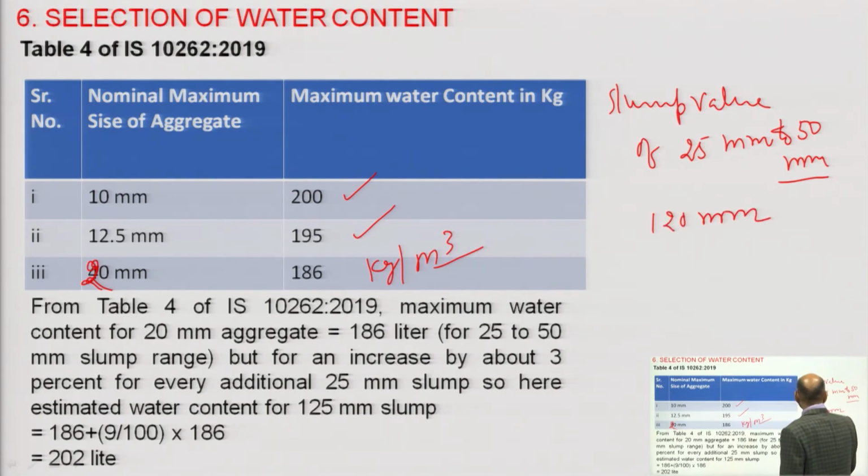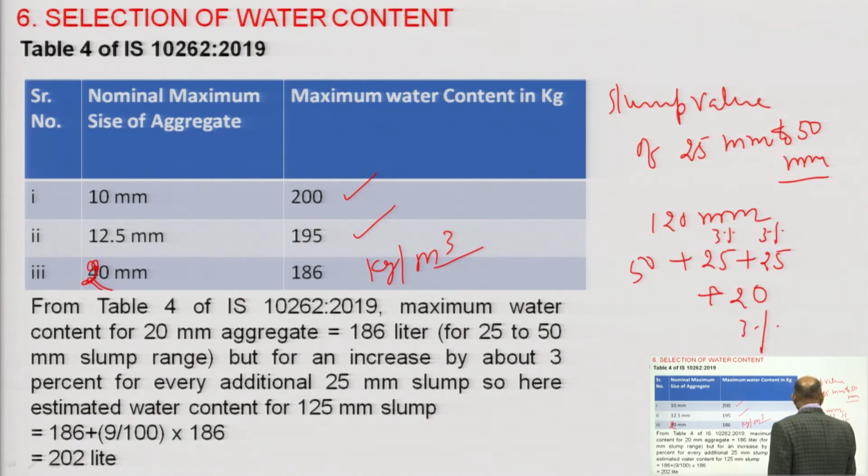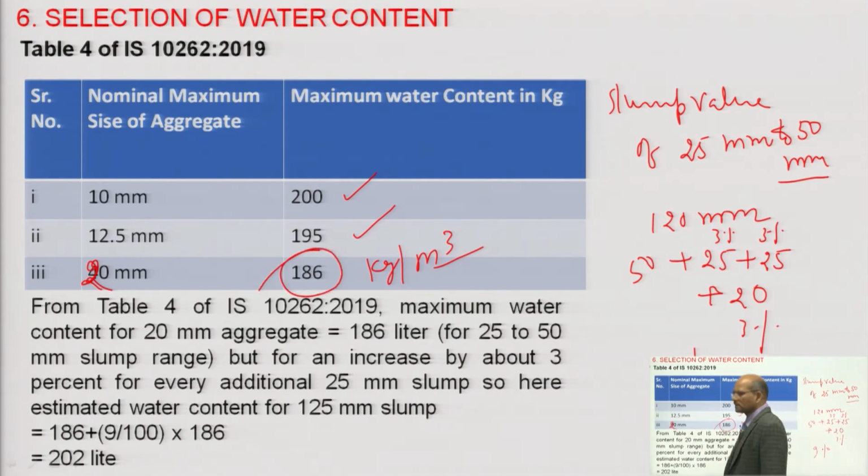So, the excess is 50 plus 25 plus 25 plus 20. For every increase of 25 mm you have to increase 3%, 3% and 3%. So, totally 9% of whatever the amount we have calculated.